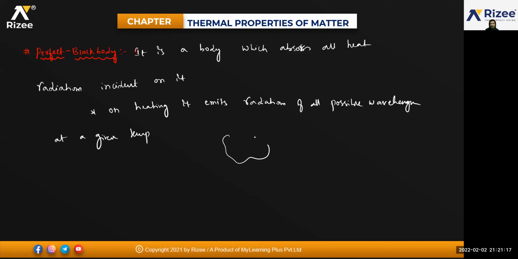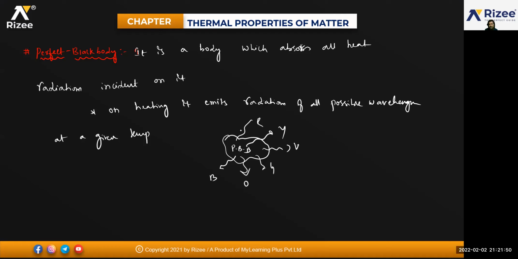That means if this is a body, it is emitting red, yellow, violet, green, orange, blue. If all the radiations are emitted with all possible wavelengths, then such bodies are called perfect black bodies. And the wavelength emitted by this radiation depends on the temperature.